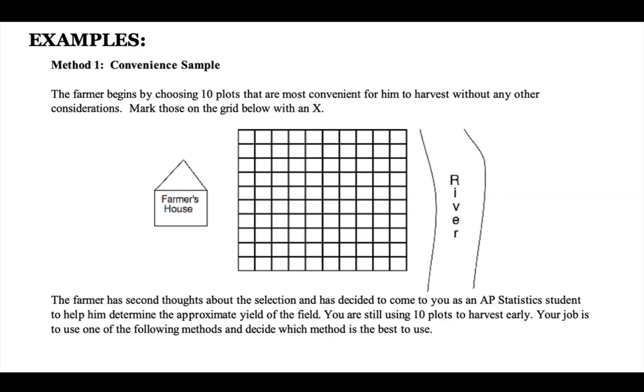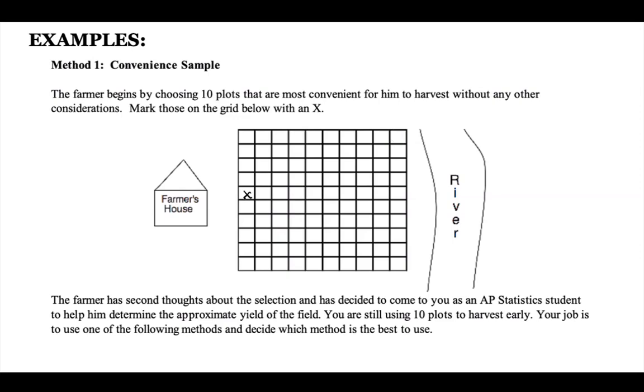Which 10 would he choose if it's easiest for the farmer? Mark 10. Well, which 10 would he choose if it's easiest for him? The ones by his house, the ones where he has to take the least amount of steps, the least amount of time to get to. So am I going to choose this one way over here in the corner? No. Choose the ones that are closest to him.